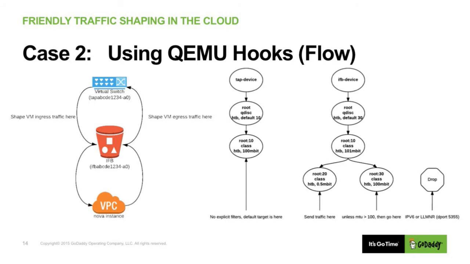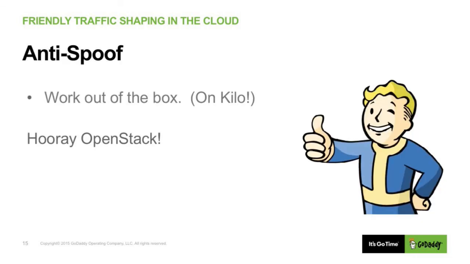And then the picture on the right is with kind of a fast lane, slow lane. So if you hit our filter and we deem that you're doing like a SYN flood or whatever from the guest host, you'll actually get the slow lane traffic, and it'll limit to 500 K a second. So as far as anti-spoofing works, it works out of the box on Kilo, and I believe it's still going to be functional on Liberty.